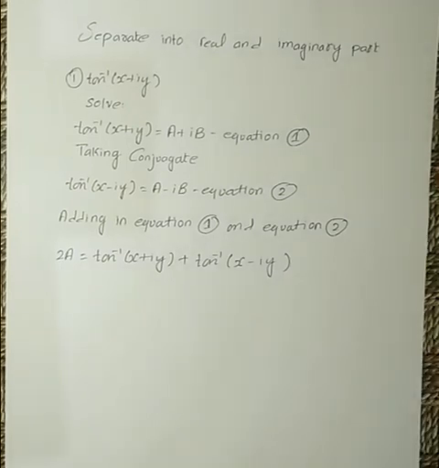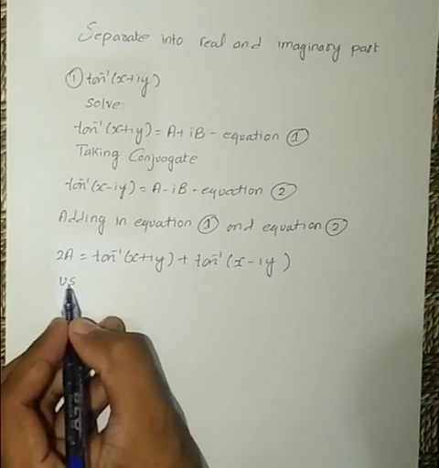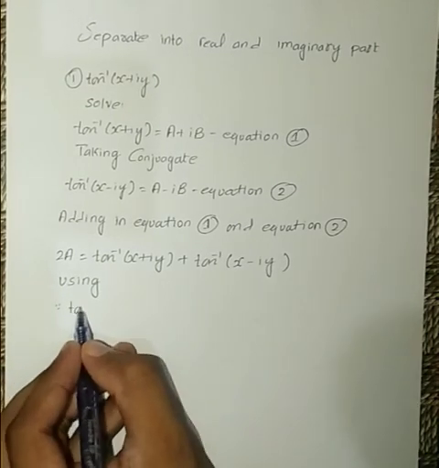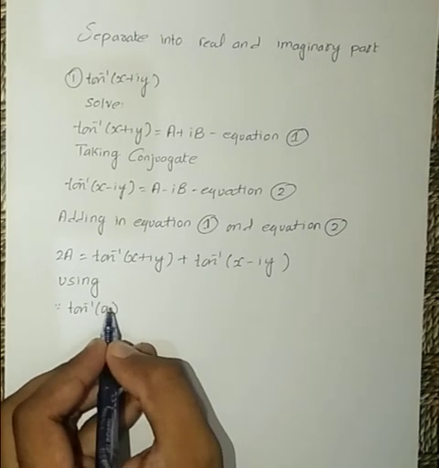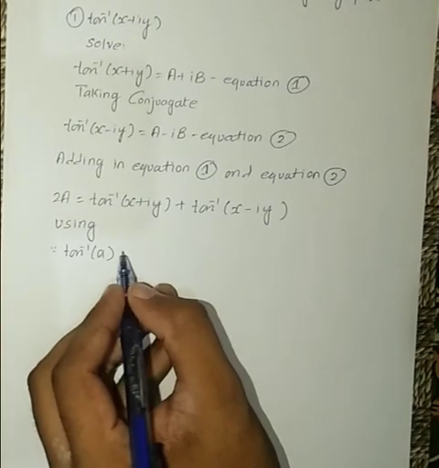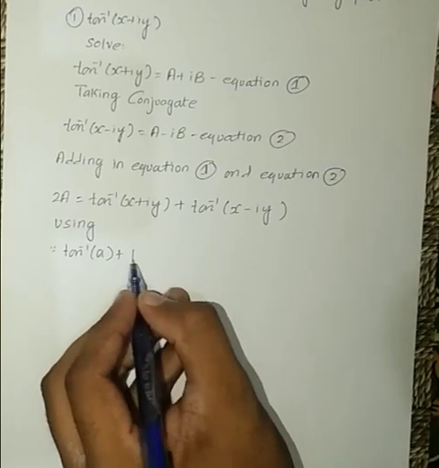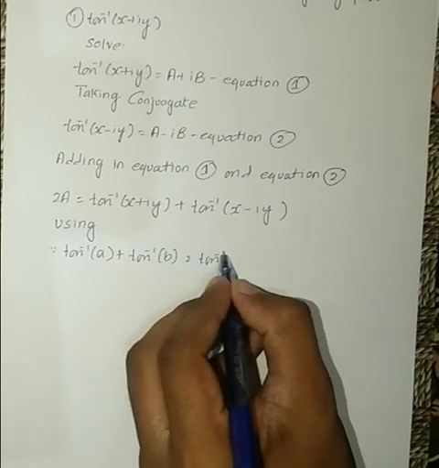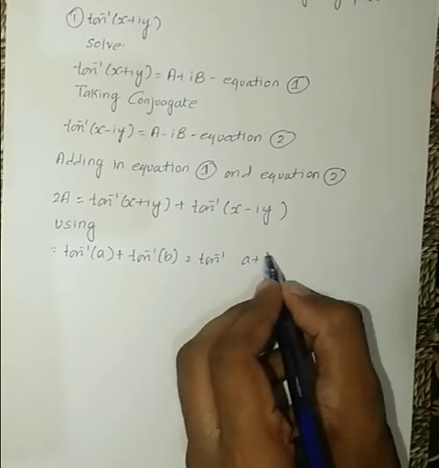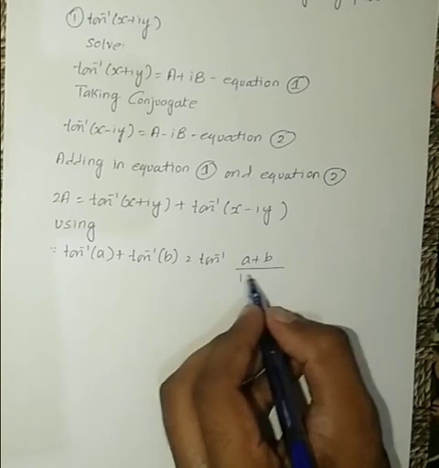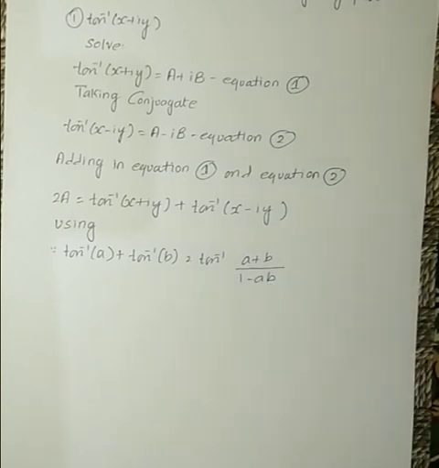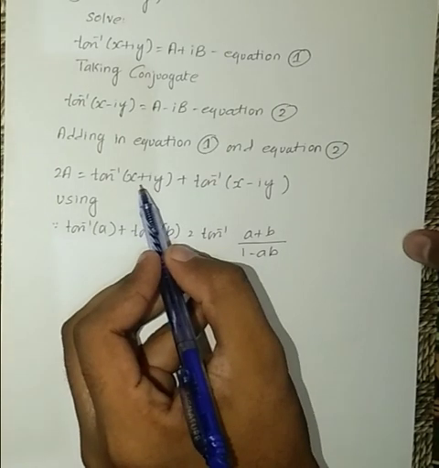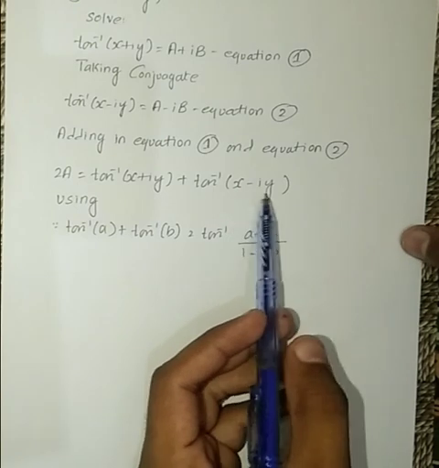So using the trigonometry formula, tan inverse a plus tan inverse b equals tan inverse of a plus b divided by 1 minus ab. So according to the formula, a is x plus iota y and b is x minus iota y.